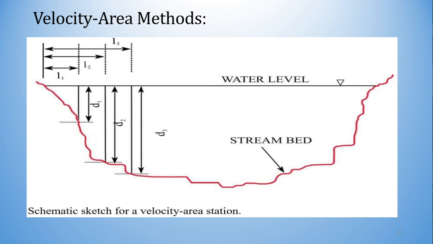So here, a section is taken into consideration of a particular river or stream bed. As you can see here, a stream bed is shown by a red colored line, and for calculation of areas and velocities, this particular bed is divided into a number of sections as L1, L2, L3 and so on, of which the depths are determined by means of various instruments, as we have already discussed.